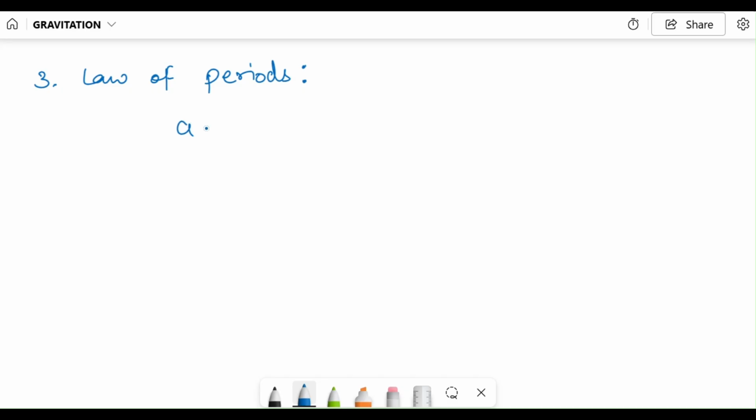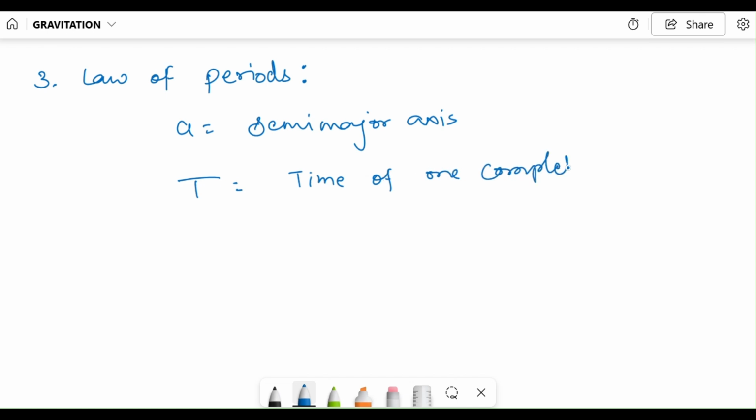If A is the semi-major axis, we have discussed this thing, semi-major axis, and T is the time period of revolution, the time of one complete revolution. Okay. So this law states that the square of the time period is directly proportional to the cube of the semi-major axis.